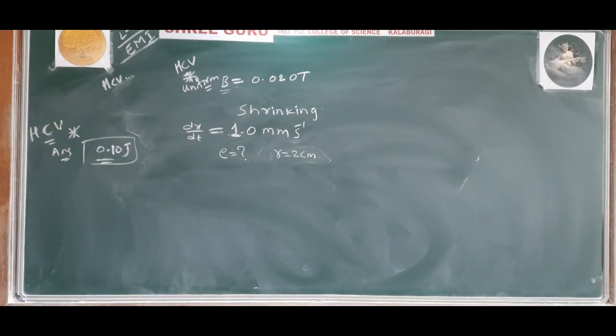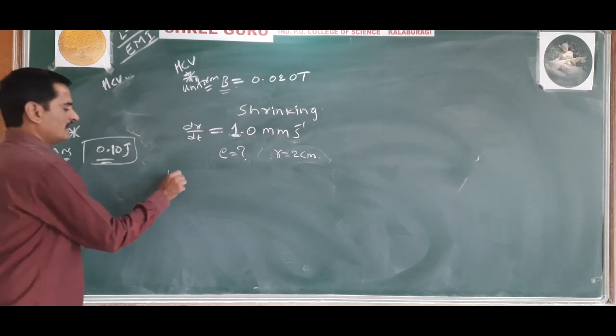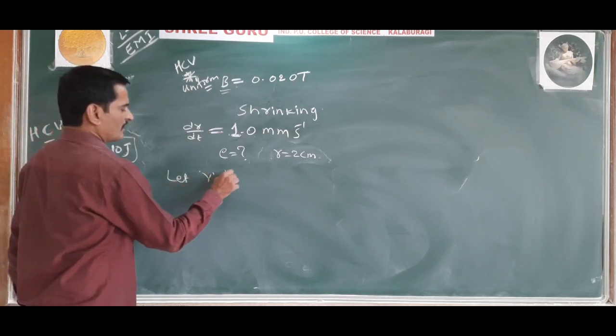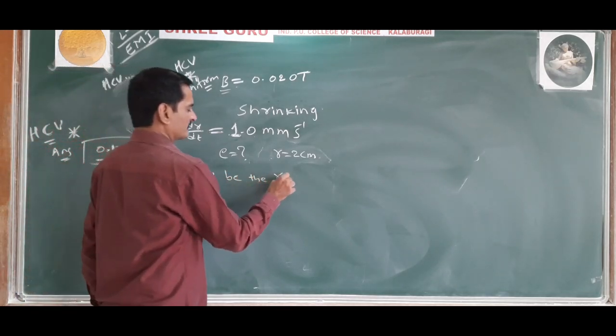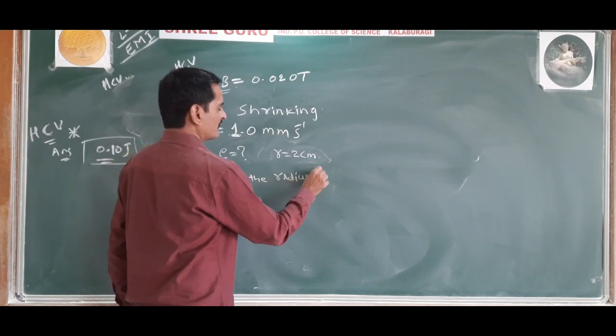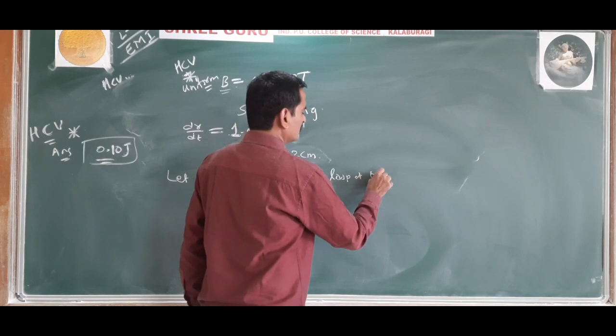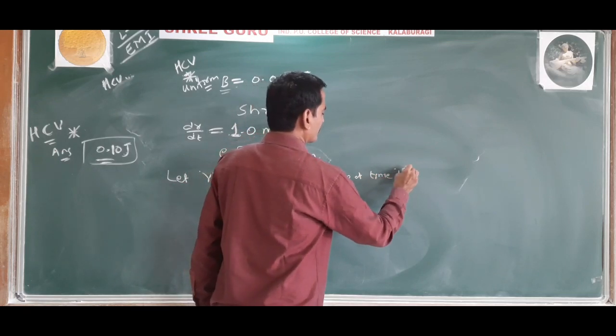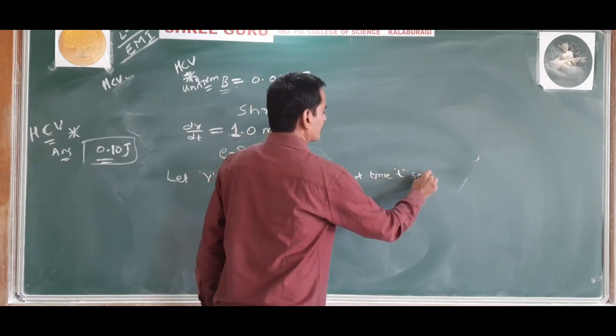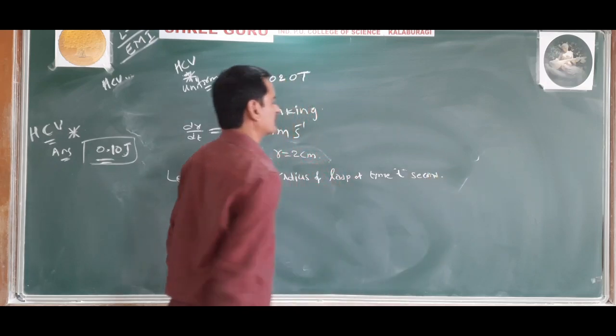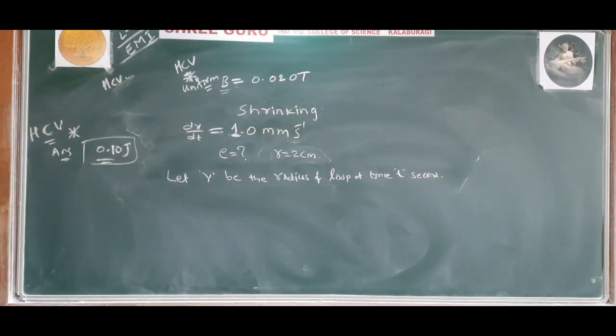Understood the question? So now let R be the radius of the loop at time t second.